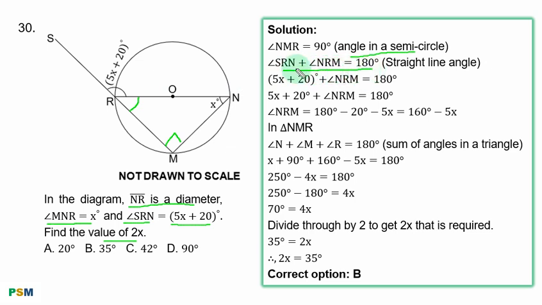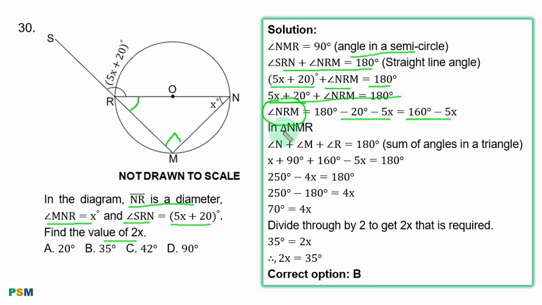So if you add this angle and this angle, the sum is equal to 180 degrees. Angle S arrow N is this, plus angle N arrow M equal to 180 degrees. You open the bracket, you have this result. To get angle N arrow M, you transfer these values to the right hand side, and you have 180 degrees minus 5S.